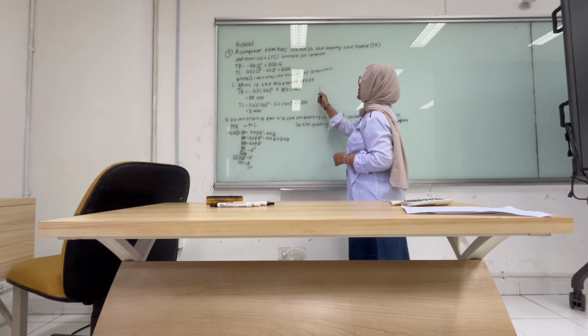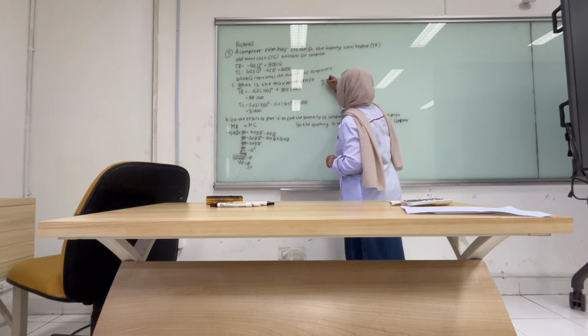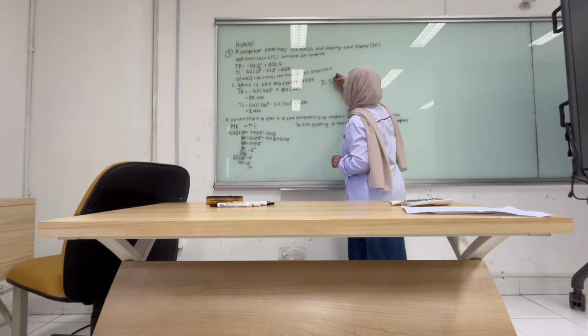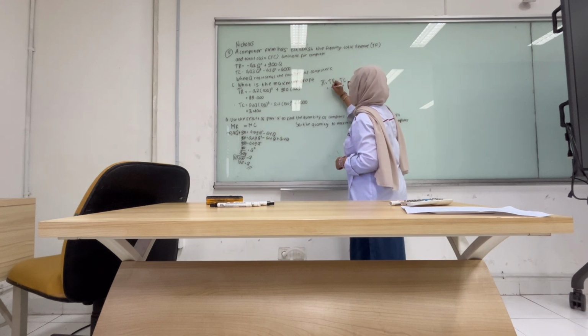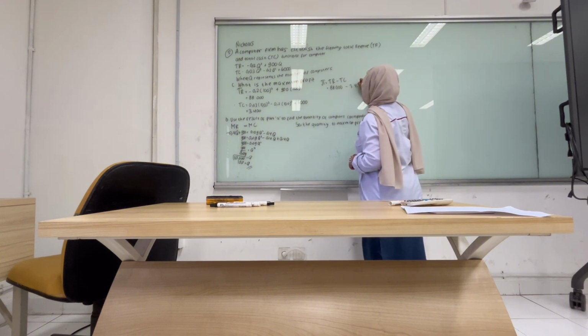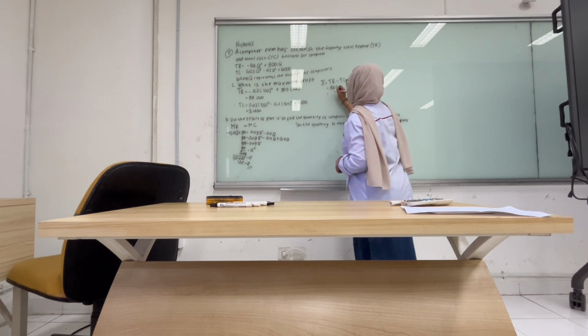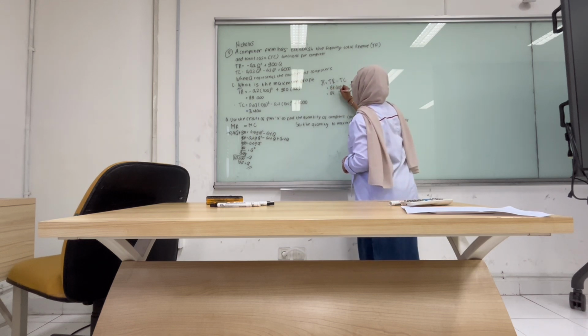Because we are asked to find the profit, the formula for the profit is TR, or total revenue, minus total cost. So 88,000 minus 3,400 is equal to 84,600.